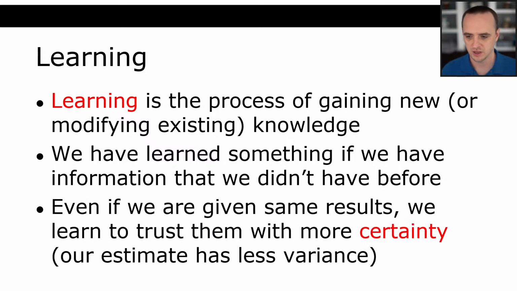But also, even if we do something for a second time and we get the exact same results, we have still learned something. Because what that means is we are learning to trust those results with more certainty. And you'll see I will have very well illustrated examples of this in this lecture. So our estimate is going to have less variance over time.